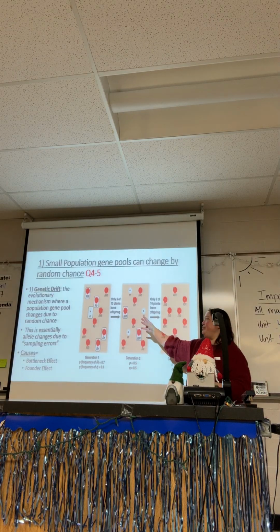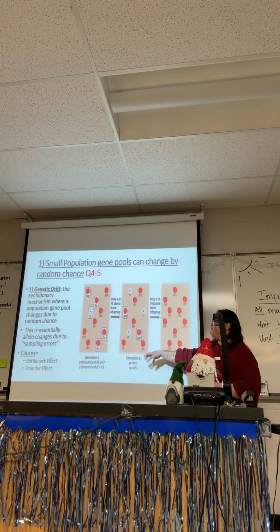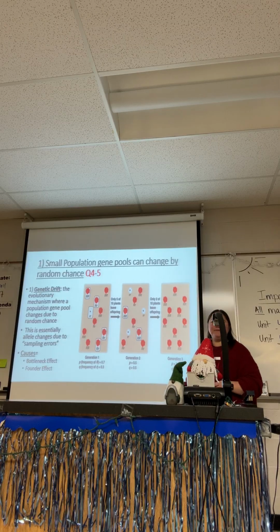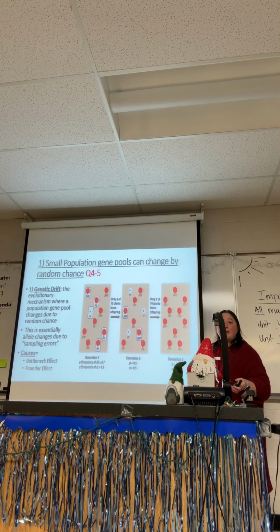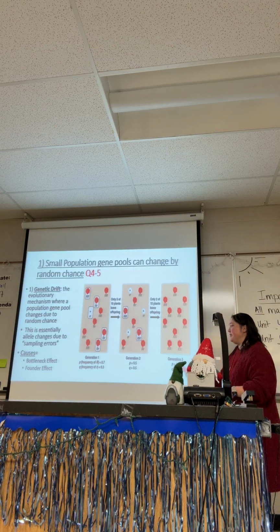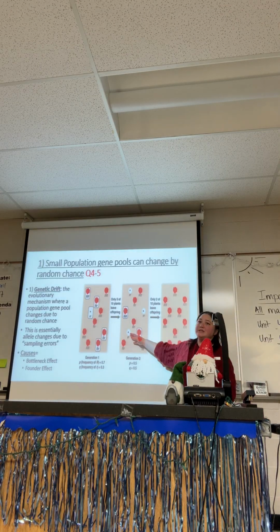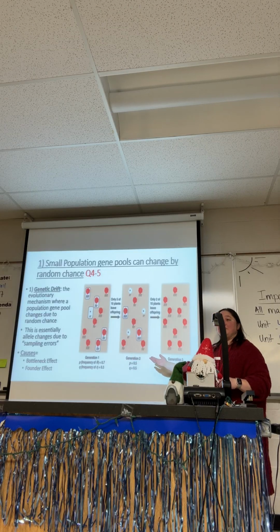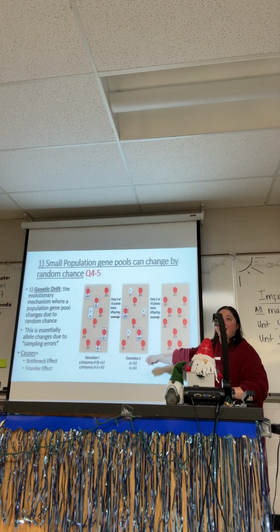Let's say that we pick those 5 and we let them mate, and then in the second generation, now we have closer to 50-50 red versus white. That's great, but in the third generation, I'm only going to pick 2 from the second generation. Again, a sampling error perhaps, because I'm just randomly picking 2 flowers and allowing them to mate.